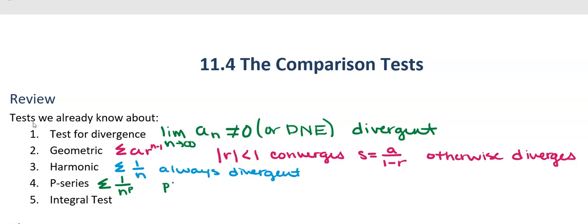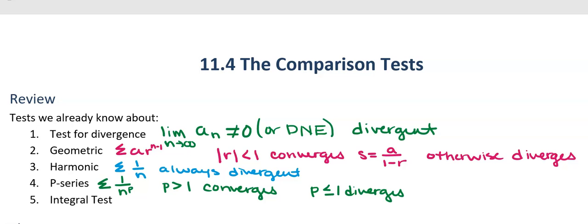If p is greater than 1, it converges. And if p is less than or equal to 1, it diverges.